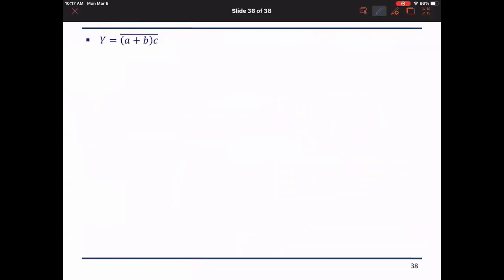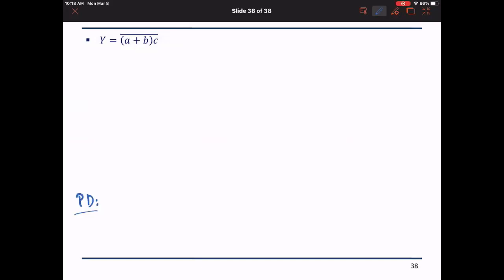Let us look at this example. Now he's giving me y equals A or B into C. Thank you, Joe, for answering. So now I have y equals A or B into C bar. And first I need to draw the circuit, right? So I'm going to draw the pull-down network.